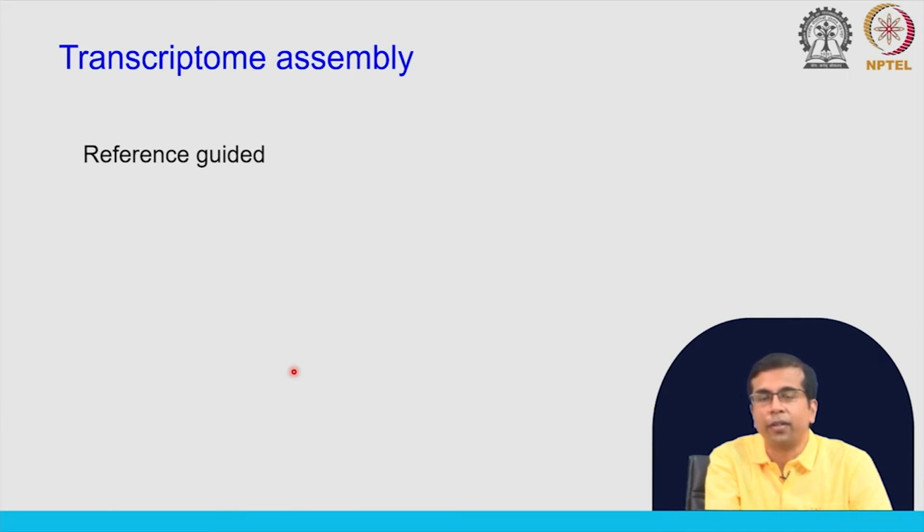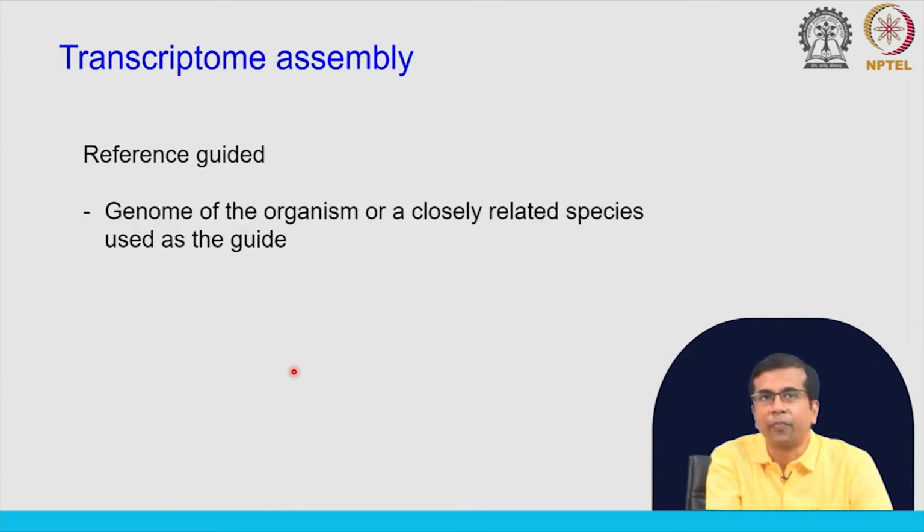Now, transcriptome assembly can be of two different types. The first one is reference guided transcriptome assembly. As the name suggests, there is a reference genome against which you are doing this assembly. So, we have the genome of the organism or a closely related species that is used as a guide for the assembly process.